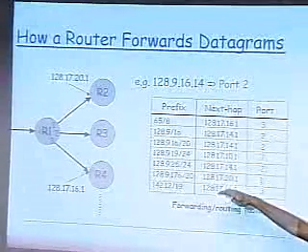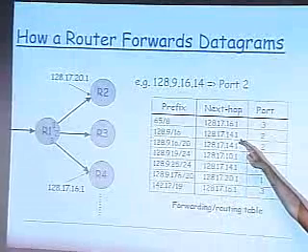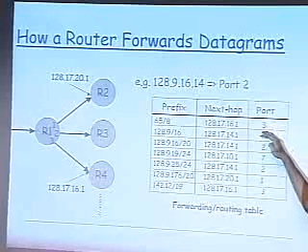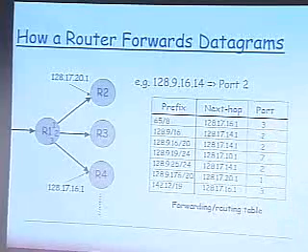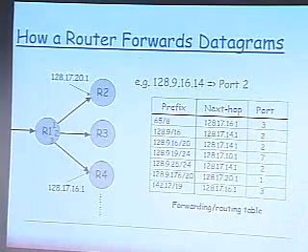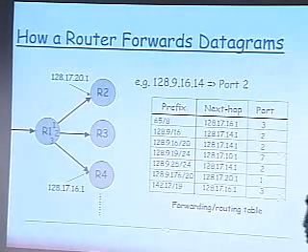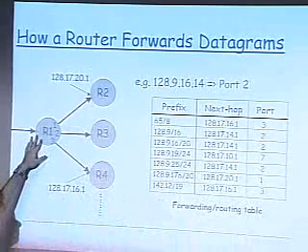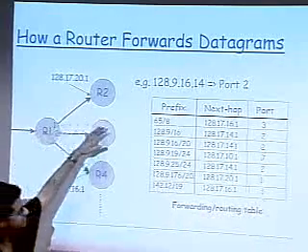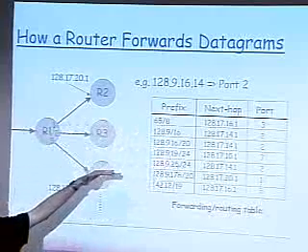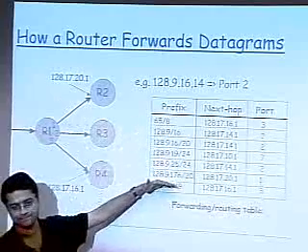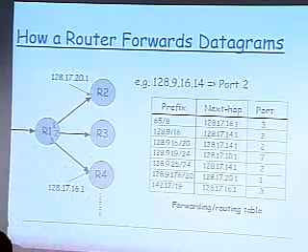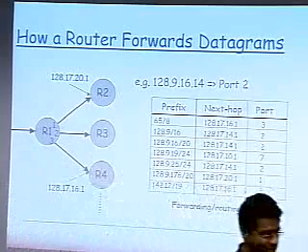Given a prefix, you identify the next hop router and the port, or the link, on which the next hop router is connected. So if you get a packet at the input link of this router, it looks at the destination address, decides which is the network this packet is destined to, and from this table it will choose the appropriate port and put the packet there. So conceptually this sounds very simple.